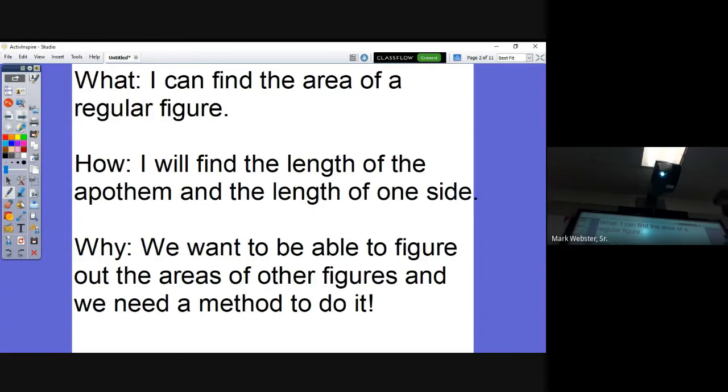Why? Well, the thing of it is, we've talked about all the simple figures that there are. Now we've got to start branching out and doing other types of things here. All right? So basically, this is sort of the last type of shape that has an actual standard process for finding the area of any type of regular figure.